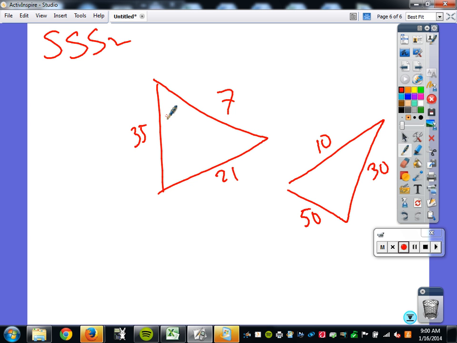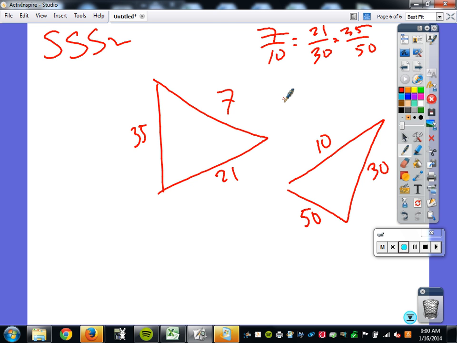So what do I need to do? Set up the ratio. Well, who corresponds with 7? Because he's the smallest side, it has to correspond with the smallest side, right? Okay? 7 over 10. Who else do you want to go with? 21 and 30. And then 35 and 50. Can 7 and 10 reduce down? Do they have anything in common? How about 21 and 30? Do they have something in common?